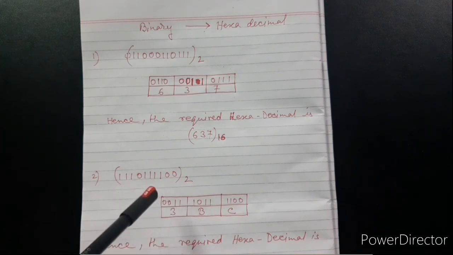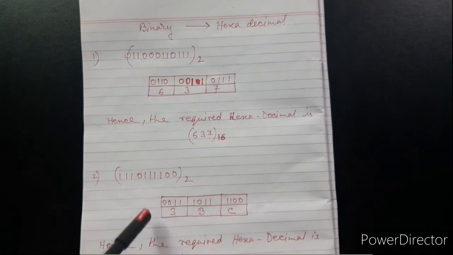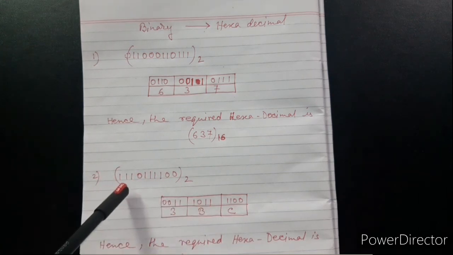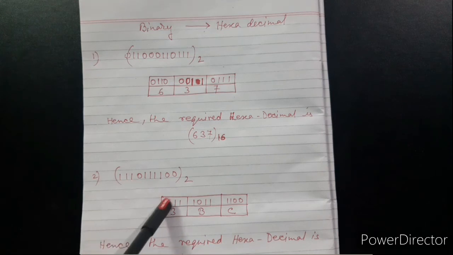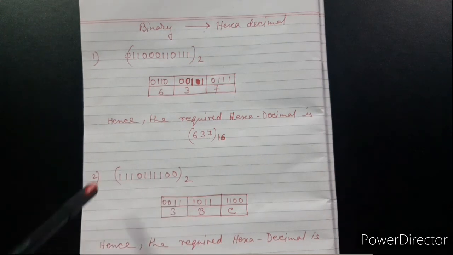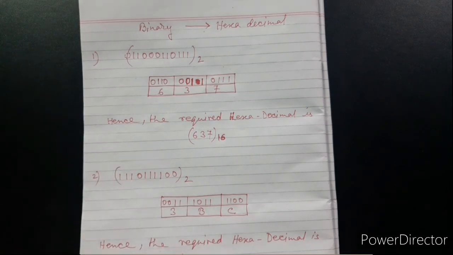So the first group is 1100, then 1011. Then we put two zeros here and form 0011. These two zeros are insignificant. So the number remains same.